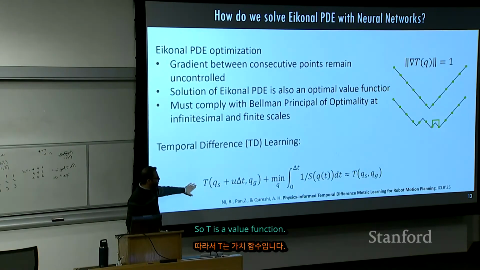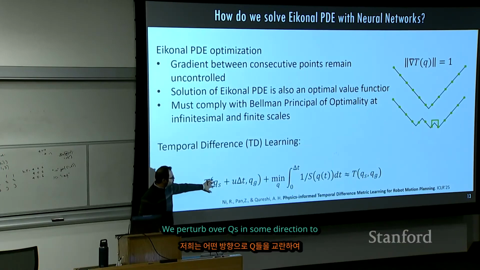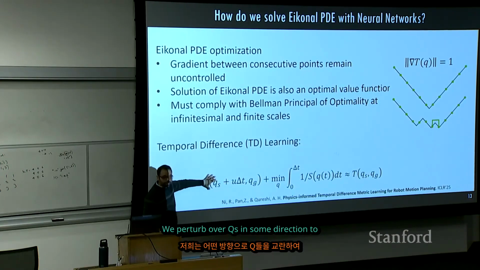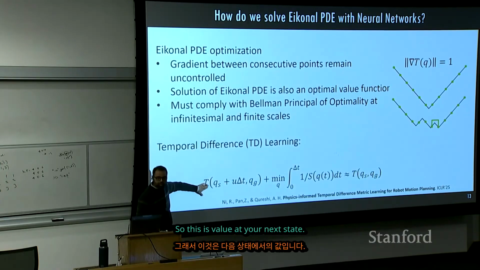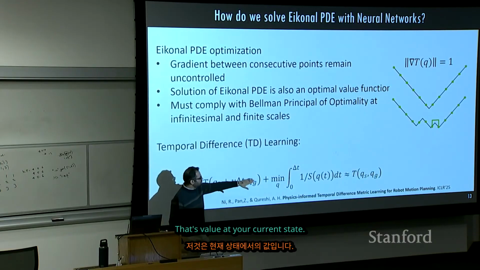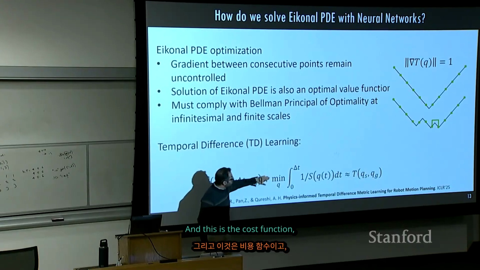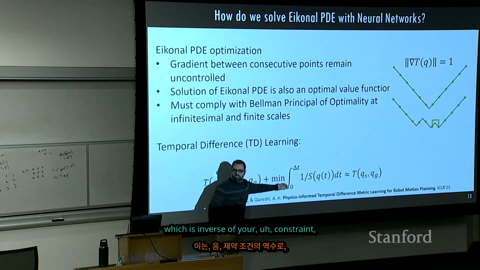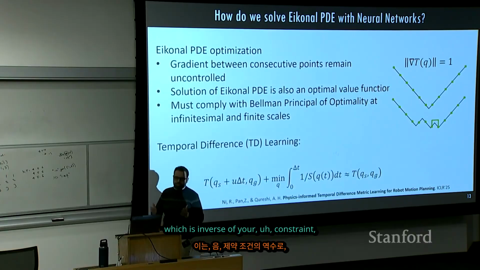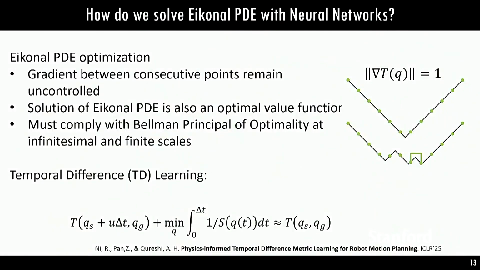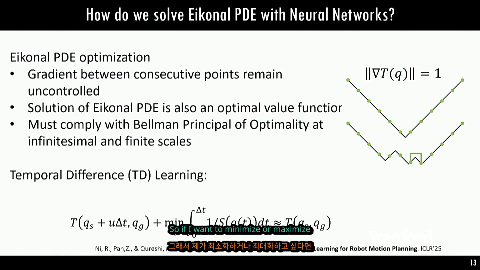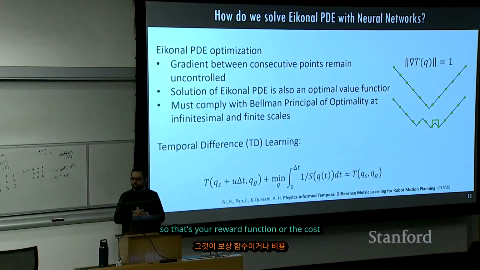So t is a value function. We perturb over QS in some direction to get the next state. So this is the value at your next state, that's the value at your current state, and this is the cost function, which is the inverse of your constraint, like a distance. If I want to minimize or maximize distance to an obstacle, that's your reward function or cost function.